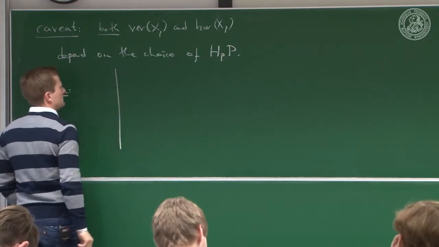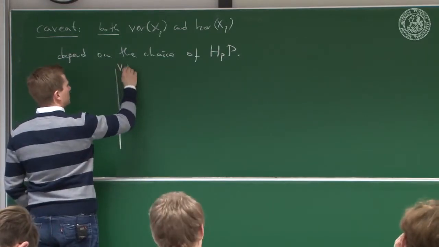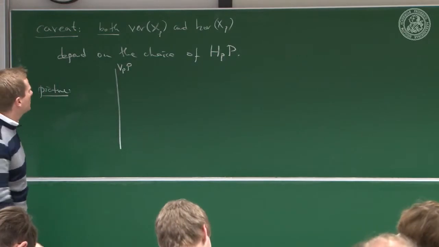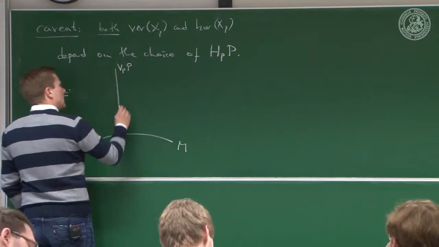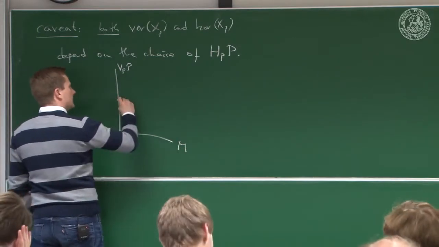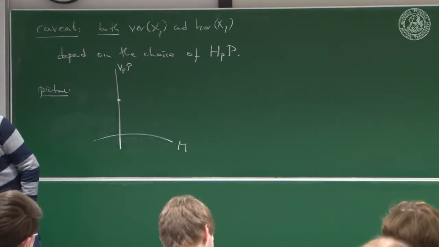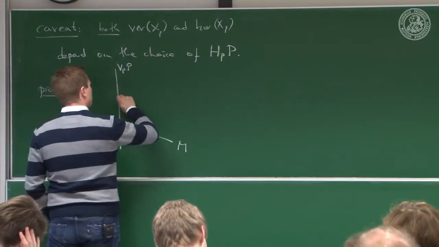So say you have this subspace, which is the vertical one, which is defined canonically on a principal fiber bundle. There's the M down here. But now you're at the point P here, and let's say we look at this vector here.